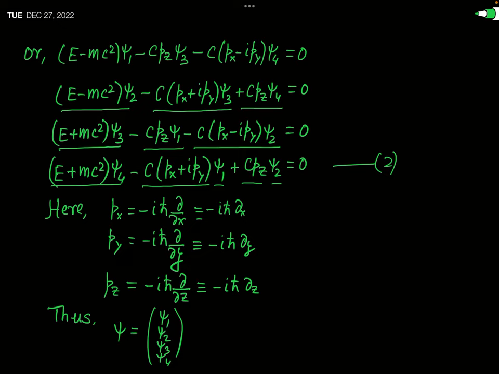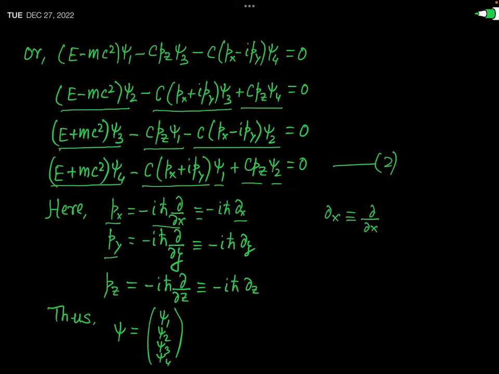And you know that in these equations, the operator px is defined by minus I h bar del x. This is just the x momentum operator. And instead of del by del x, you may equivalently write simply del x. It means del by del x is just equivalent to del x. This is just a manner of writing, okay, partial derivative.